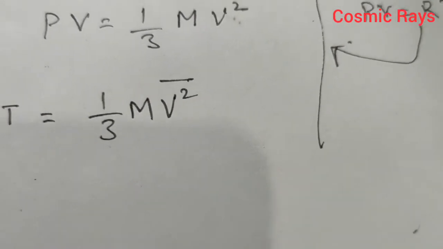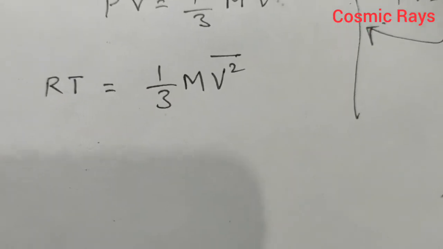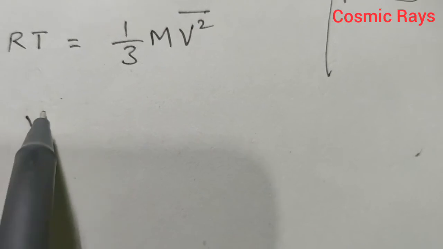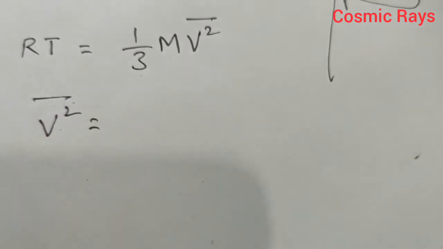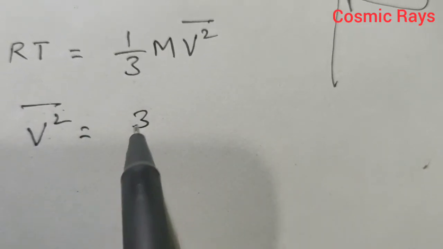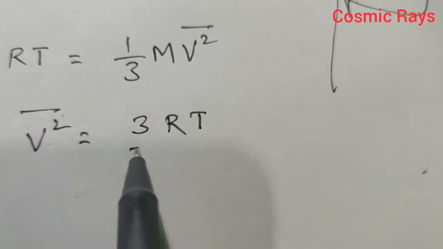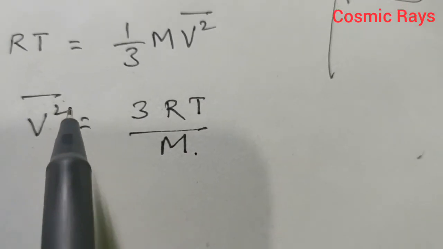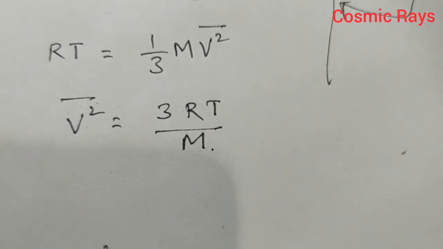Now from here I can find the value of v square. All the terms will go this side, so 3 will be multiplied with RT divided by M.